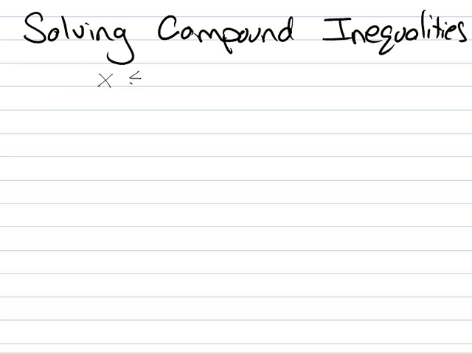We've seen compound inequalities before, and they looked like this. Basically, x is between two different numbers, so x is between 3 and 5. Remember, we would write this like that, and graph it on the number line, 3 to 5. So we're going to look at problems where we're actually given this.